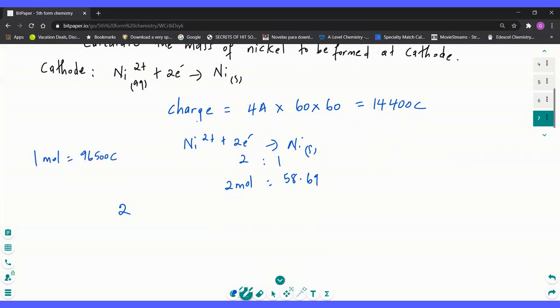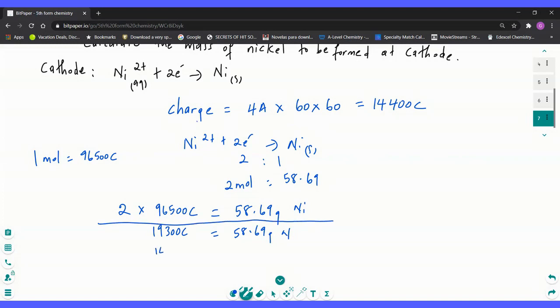So with our 2 moles of electrons, we're going to need 2 times that 96,500 coulombs to give us 58.69 grams of nickel. So that's 193,000 coulombs to give us 58.69 grams of nickel, right?